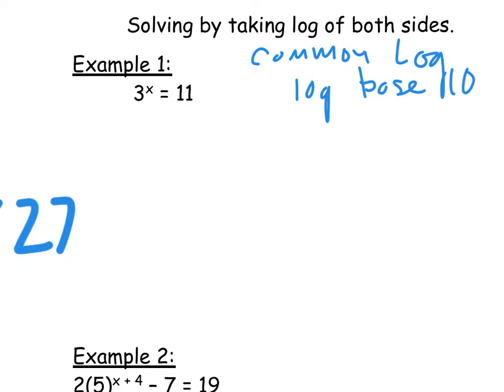First of all, if you divide both sides by something or add something to both sides, we're going to take the common log of 3 to the x power. But if I take the common log of this side, I have to take the common log of 11 like this. Now what happens here is the x comes down.